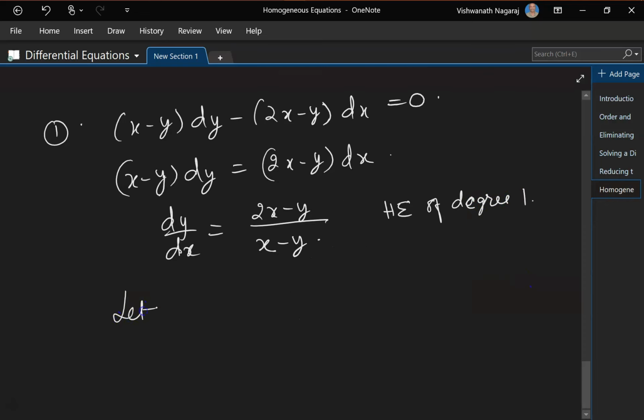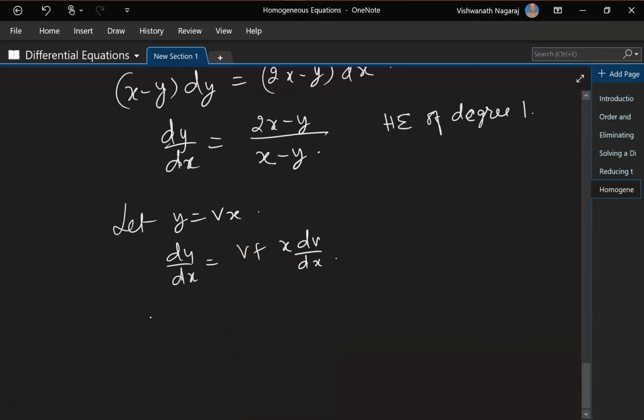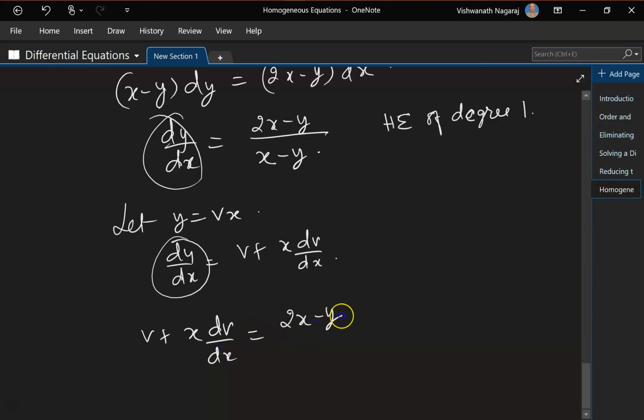So this is a homogeneous equation of degree 1. So let y be equal to vx, dy by dx is equal to v plus x dv by dx. Okay, so here we have dy by dx, here we have dy by dx. So v plus x dv by dx is equal to (2x minus y) by (x minus y).